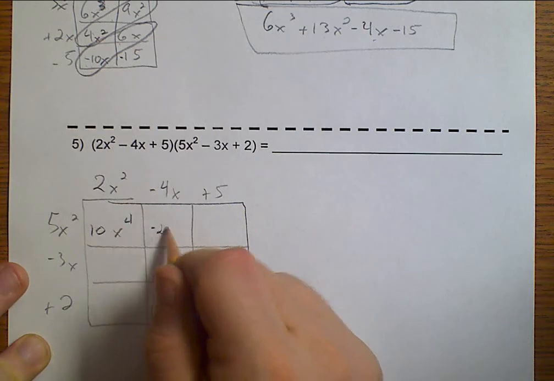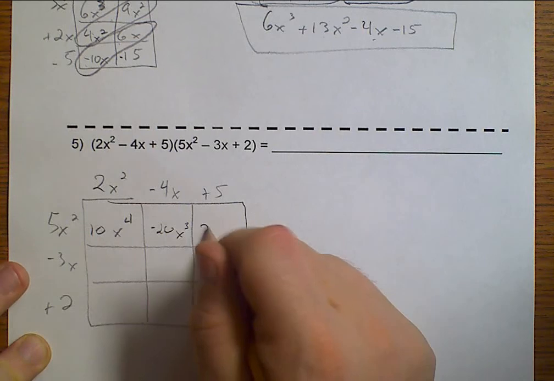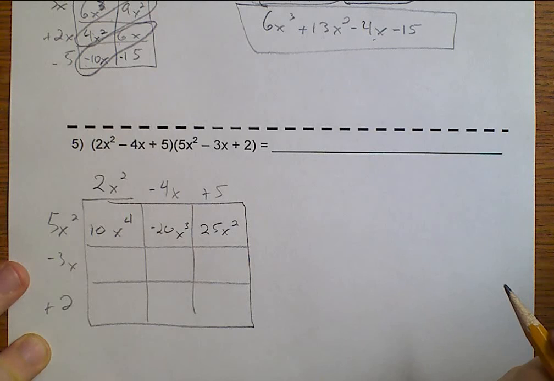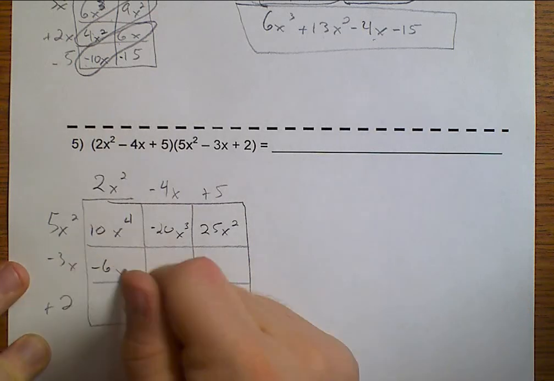X squared and x make x to the third. 5 and 5 make 25, and we have x squared. Negative 3 and 2 make negative 6. X squared and x make x to the third.